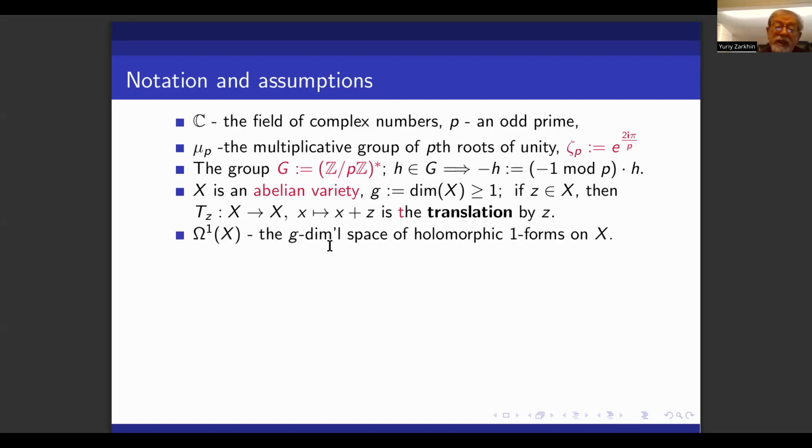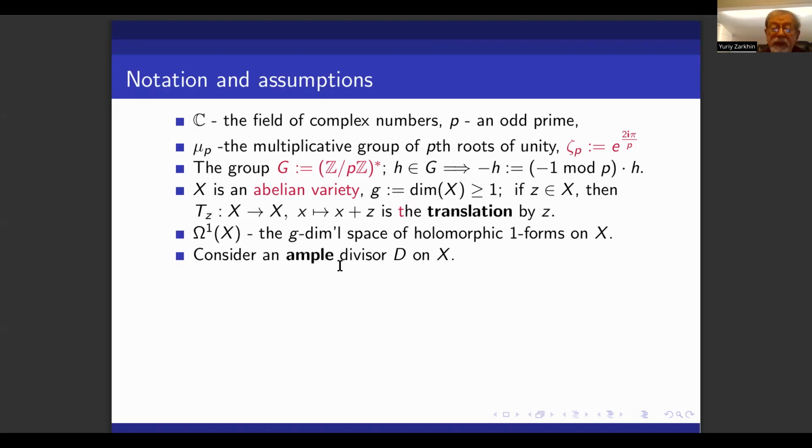Omega^1(X) is the g-dimensional space of holomorphic one forms on X. Well, let's consider an ample divisor D on X. Now, this divisor gives rise to an isogeny from abelian variety X to its dual, which may be considered as Pic^0 of X. Probably zero should be superscript but not subscript.